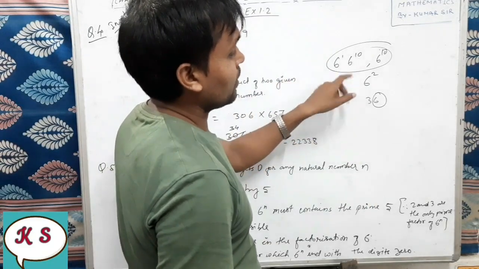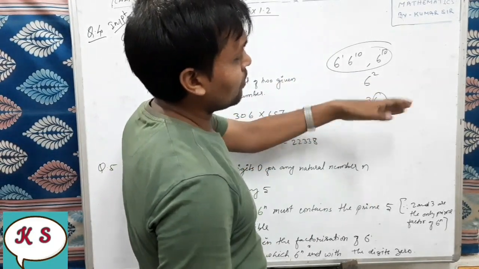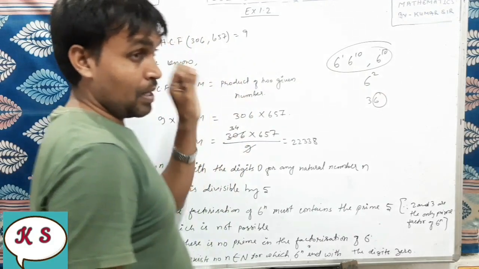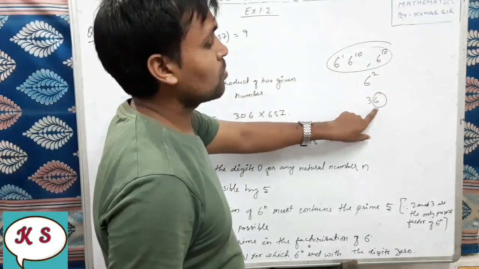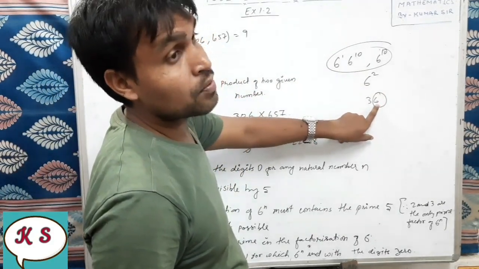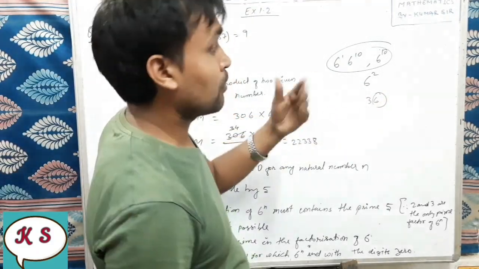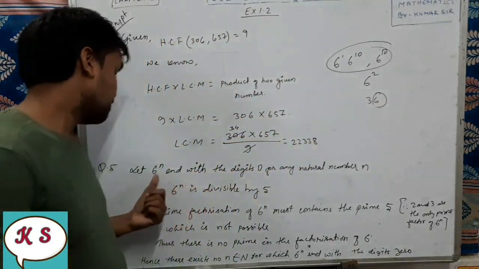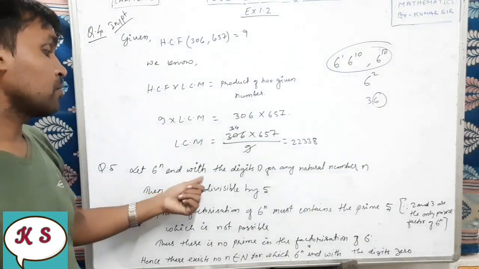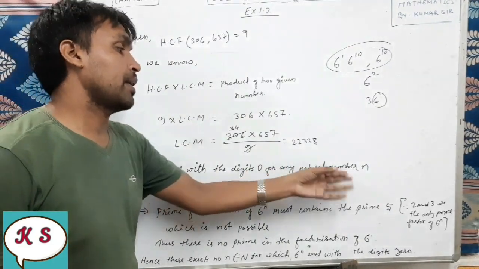Is it possible that for any power of 6, we get a number which ends with 0 at the last? That is what we have to check. So we are checking whether 6^n ends with the digit 0 for any natural number n.